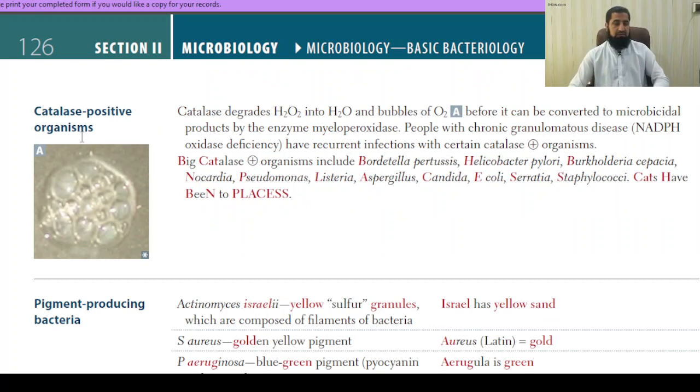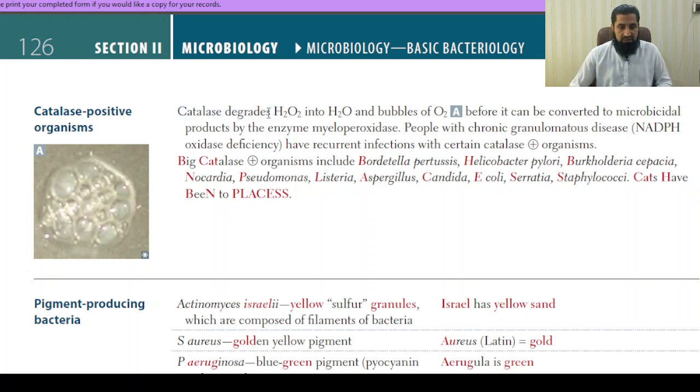Catalase positive organisms. I already told you about catalase before. Some bacteria have an enzyme called catalase.